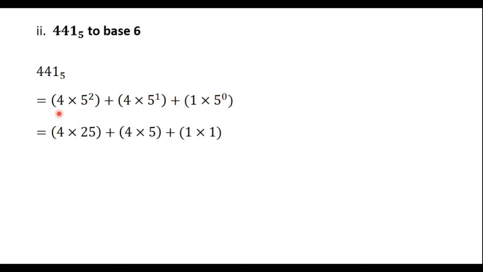So we have 4 times 5 squared, which is 25, plus 4 times 5 raised to the power 1, which is 5, plus 1 times 5 raised to the power 0, which is 1. 4 times 25 will give us 100, 4 times 5 will give us 20, 1 times 1 will give us 1. You add them, you are getting 121. So if you convert 441 base 5 to base 10, you are going to have 121 base 10.